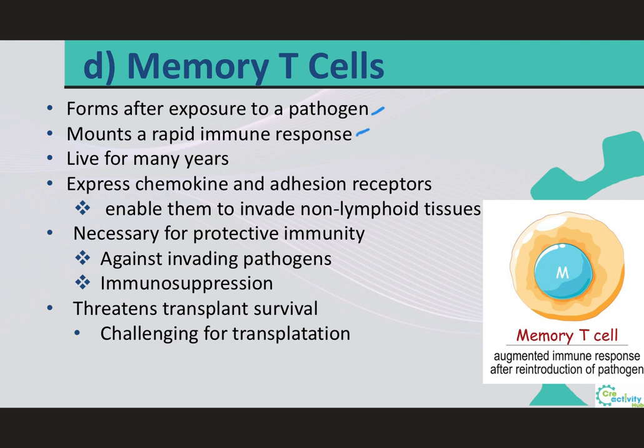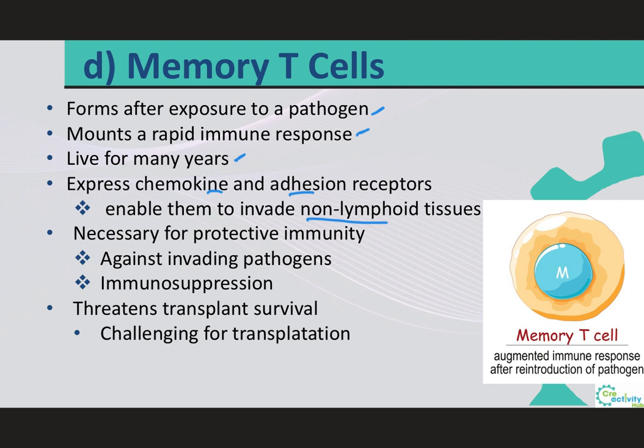And the most important fact is that unlike other leukocytes that have a short lifespan, the memory cells live for many years. The other interesting fact about the memory T cells is that they do express certain chemokines and adhesion receptors that will allow them to extravasate into non-lymphoid tissues, and this is how they're able to live for a longer period of time.